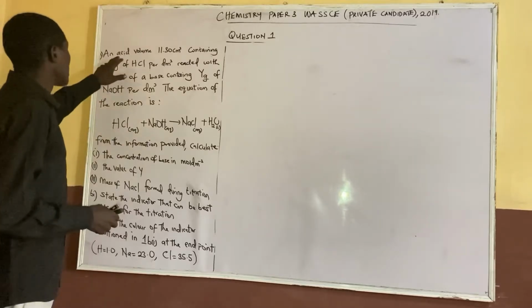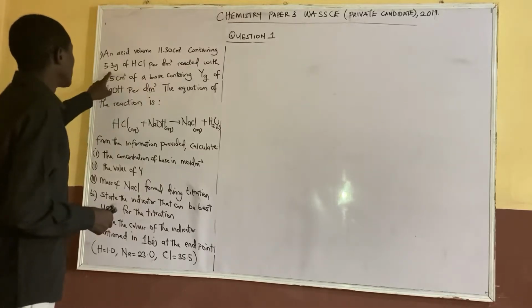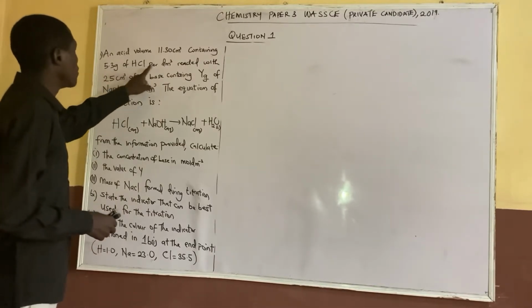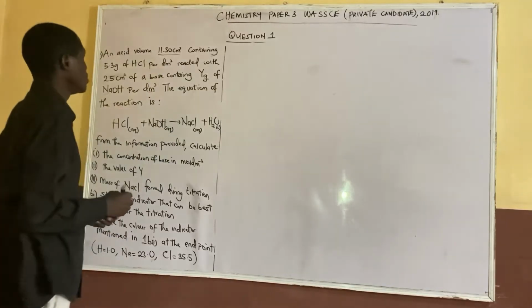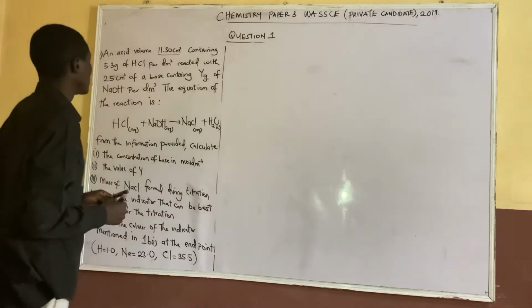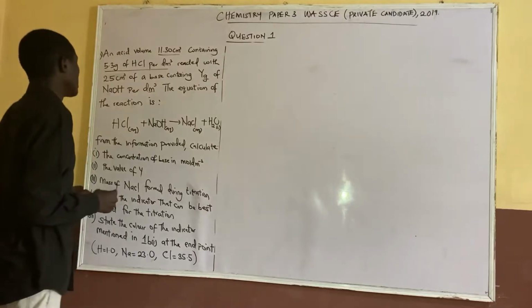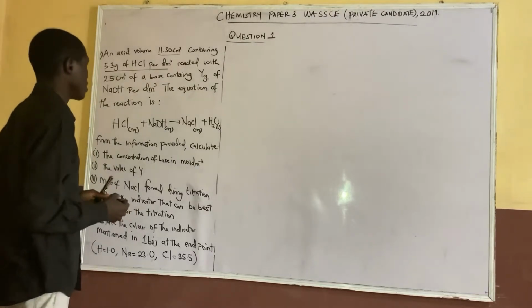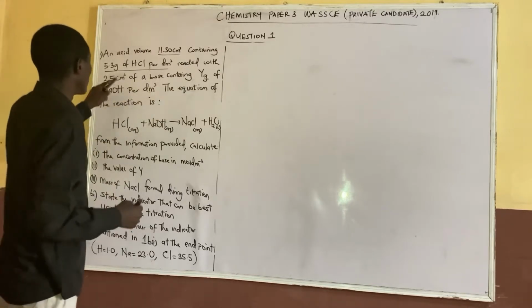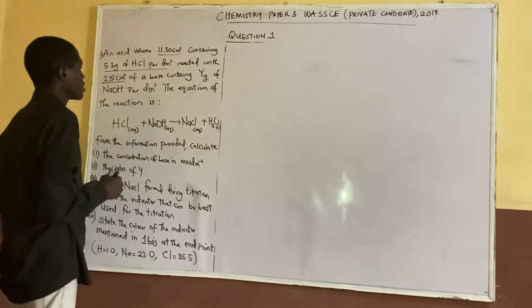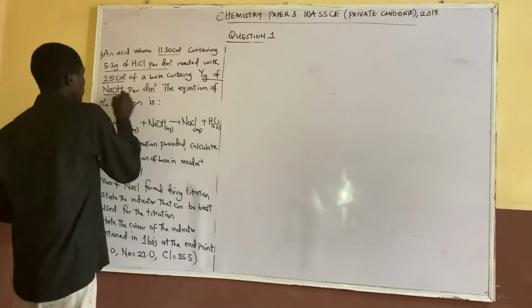An acid of volume 11.30 cm3 containing 5.3 grams of HCl per dm3 — this is the mass concentration of the acid — reacted with a volume of a base, 25 cm3 of a base containing Y grams of sodium hydroxide.